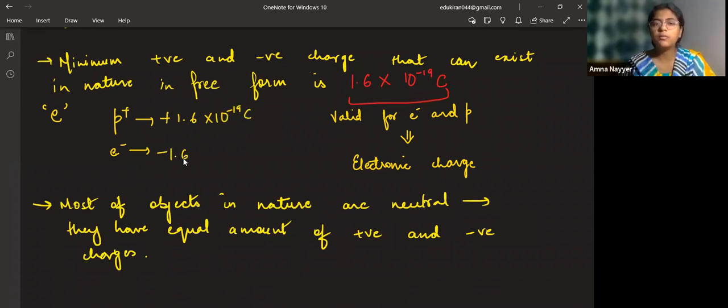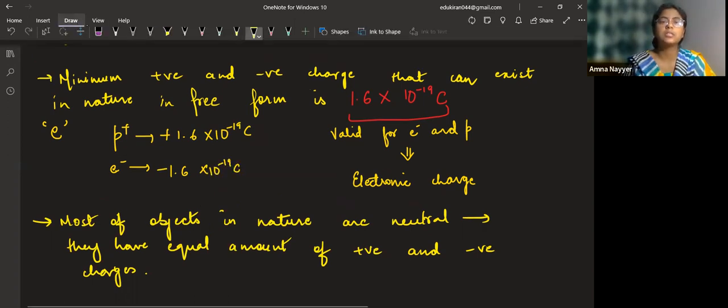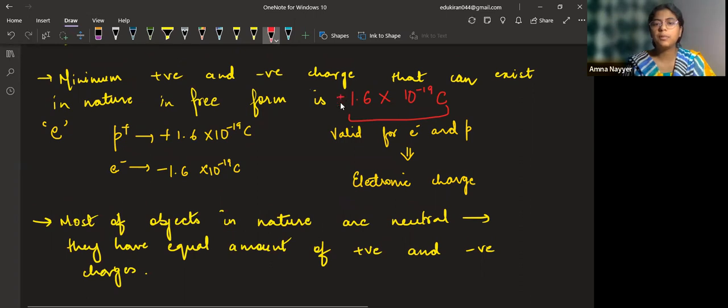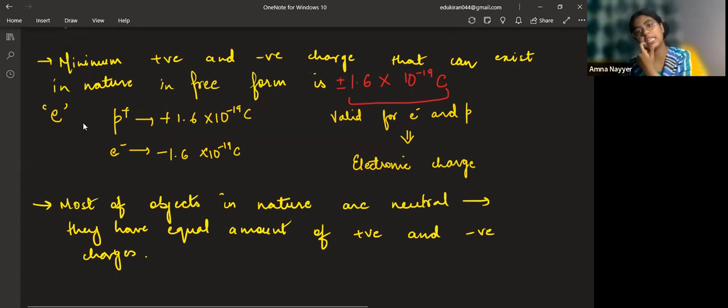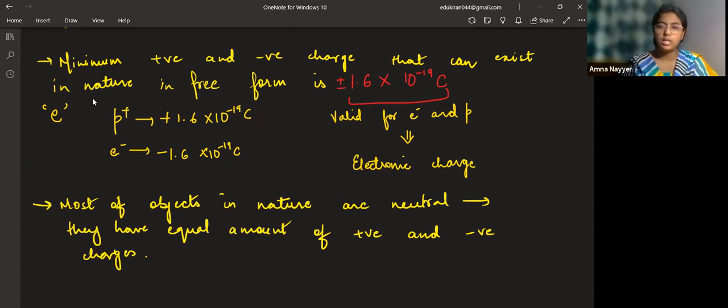For electron, it will be minus 1.6 into 10 to the power minus 19 coulombs. So this will be plus or minus depending upon the nature of the charge, whether an electron or a proton is involved. Class, I'm again repeating, learn this value properly, 1.6 into 10 to the power minus 19.